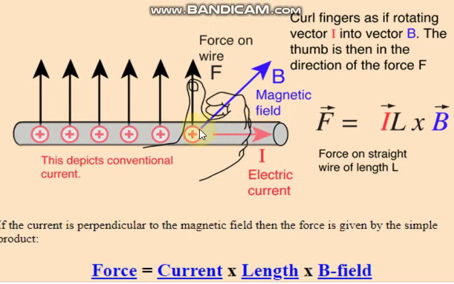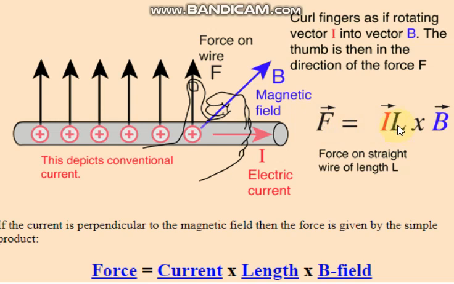You can use the right hand rule for that purpose as well, because this is the cross product of L and B. If you remember, the direction of the cross product is determined by the simple right hand rule, according to which you curl the fingers of your right hand in the direction in which the first vector is rotated towards the second vector through the smallest possible angle, and then the stretched thumb gives you the direction of the cross product, which in this case is the magnetic force acting on the current carrying wire.